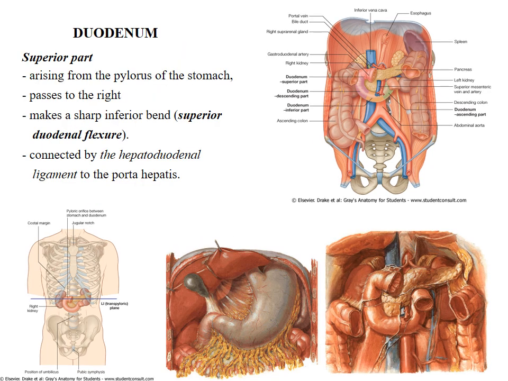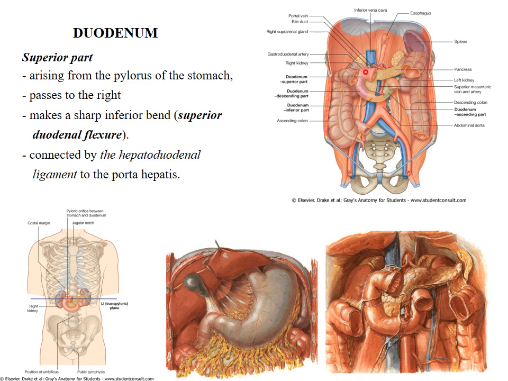Superior or first part of the duodenum is arising from the pylorus of the stomach, then passes to the right posteriorly and superiorly, and at the neck of the gallbladder makes a sharp bend inferiorly, and this is the superior duodenal flexure.